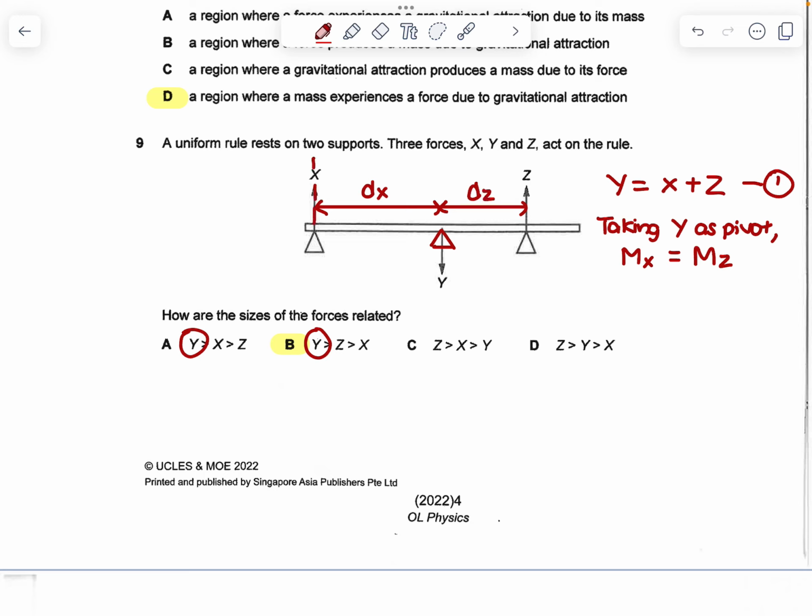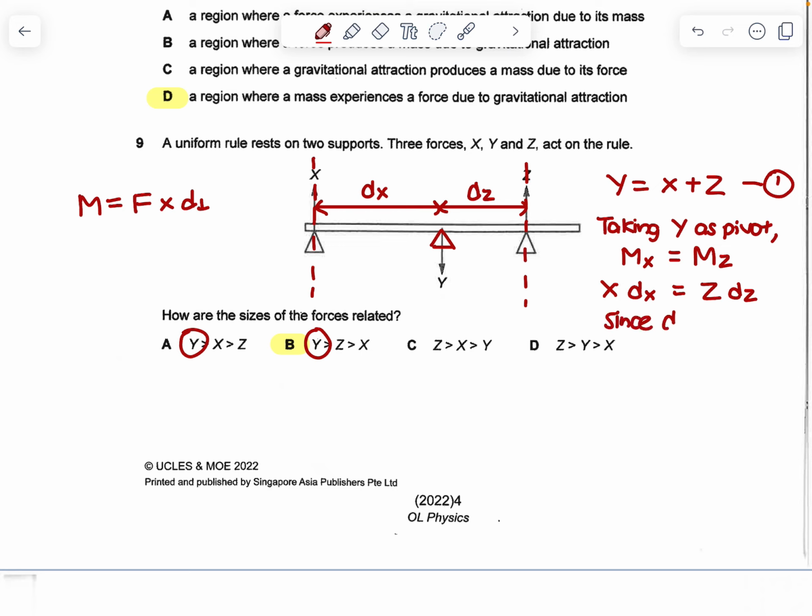You can draw the line of action of X and line of action of Z. The formula for moments is M equals F times perpendicular distance. So now we sub in X times dx equals Z times dz. So left side is equal to right side, because by principle of moments, the anti-clockwise and clockwise moments should be equal.